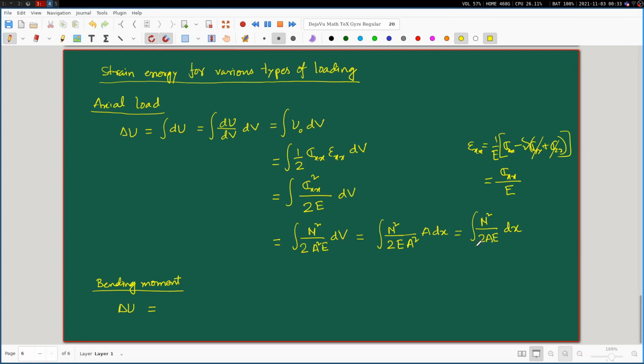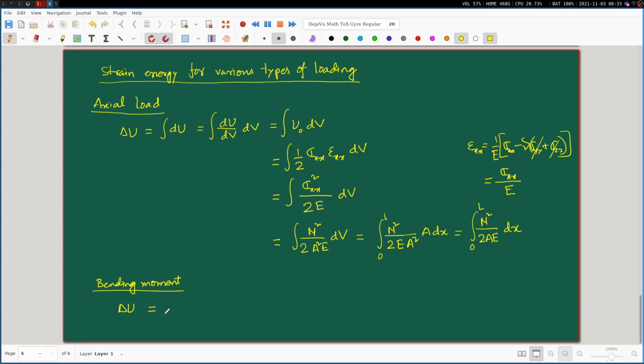Maybe if you have a beam of length L, then this x will vary from 0 to L. Please note that I have been a little bit sloppy with the limits, sometimes writing them and sometimes not. At least I can put it here because I do have a dx here. But all these integrations where I have not put any limits are over the entire volume of the beam or the shaft.